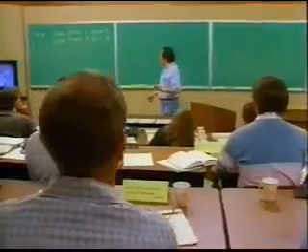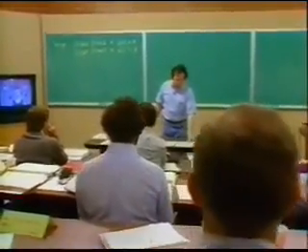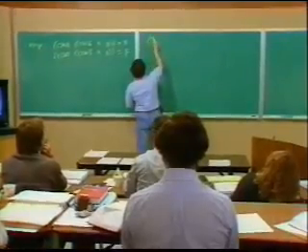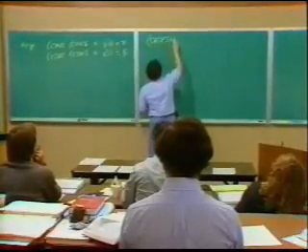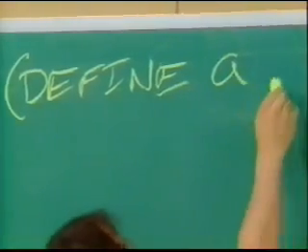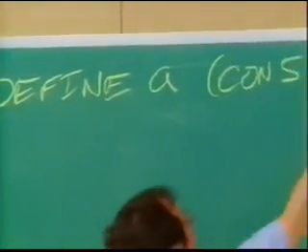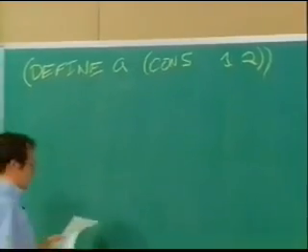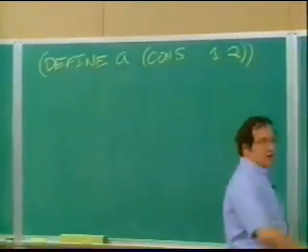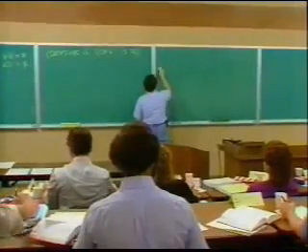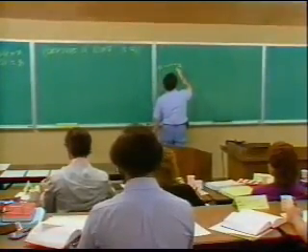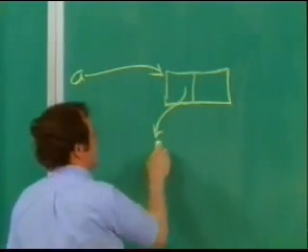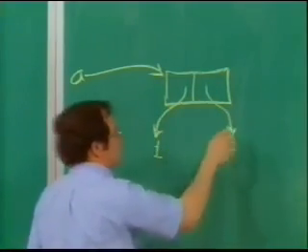Let me show you what I mean about identity first of all. Let's do a little example here. Supposing I define A to be the cons of 1 and 2. Well, what that means, first of all, is that somewhere in some environment I've made a symbol A to have a value which is a pair consisting of a pointer to a 1 and a pointer to a 2.